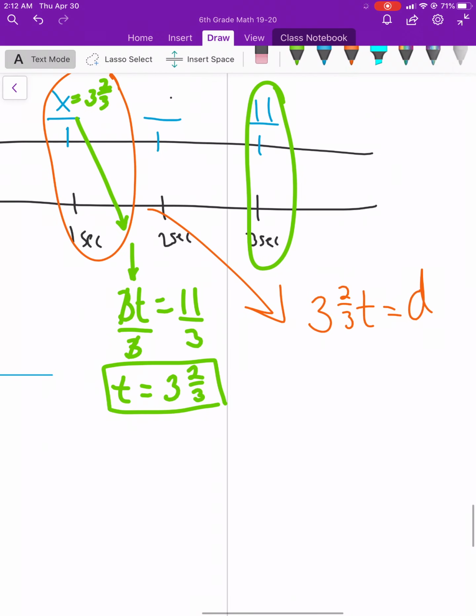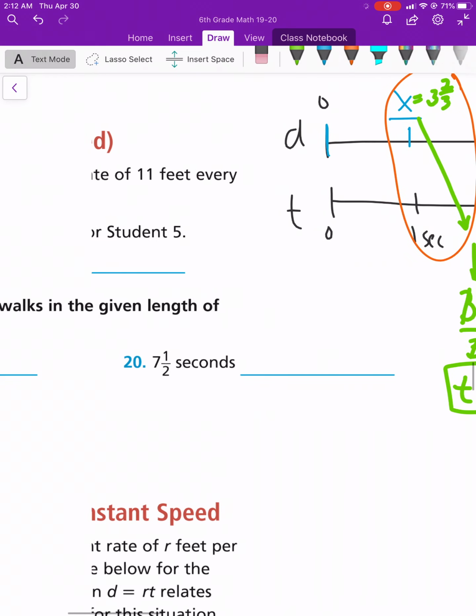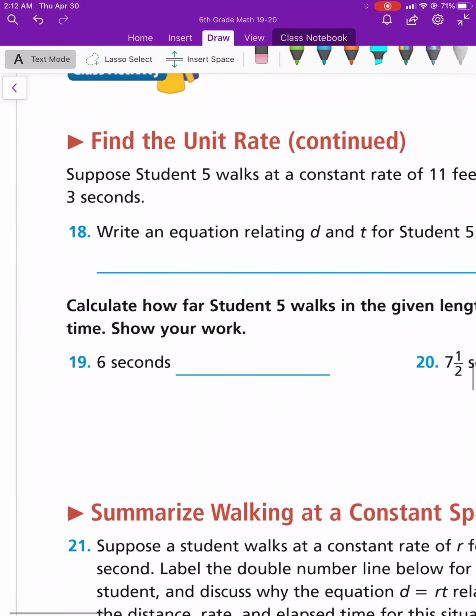Because we're solving for distance. So 3 2/3 t equals d, or d, distance, is equal to 3 2/3 times seconds.